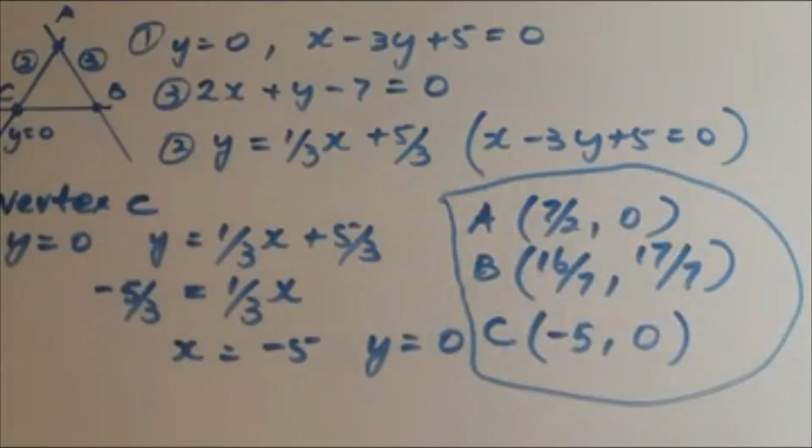Those are the coordinates of the three vertices of the triangle ABC.